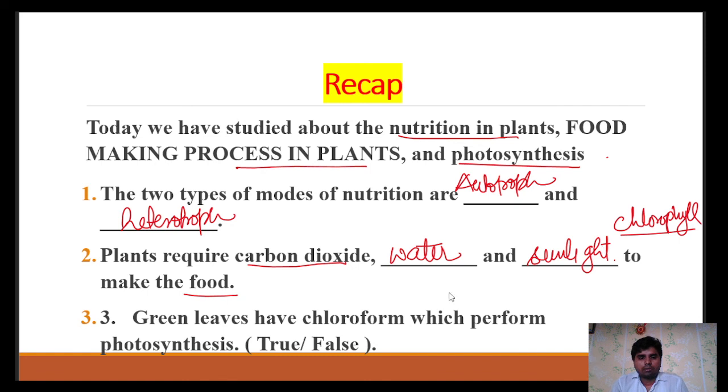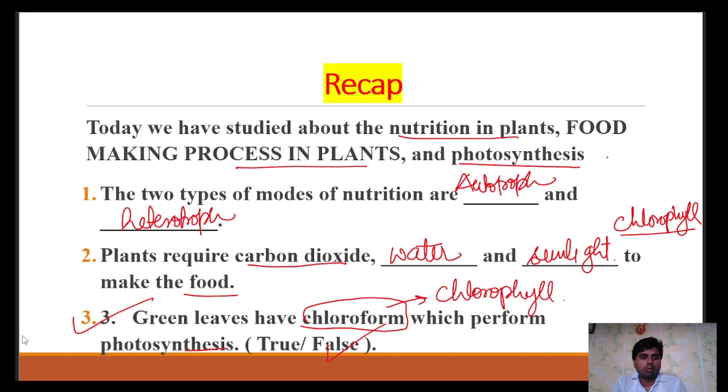Now the third question is: green leaves have chloroform which performs photosynthesis. You have to read the question carefully also. Here it is written chloroform. So we know that green leaves have chlorophyll, not chloroform. So the answer would be false, and the correct answer will be chlorophyll.